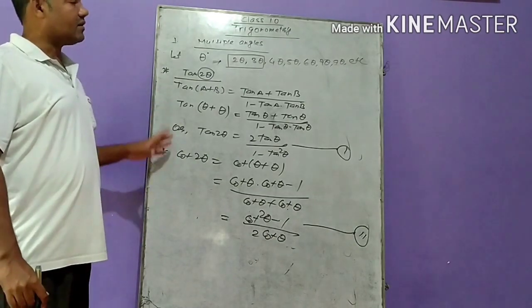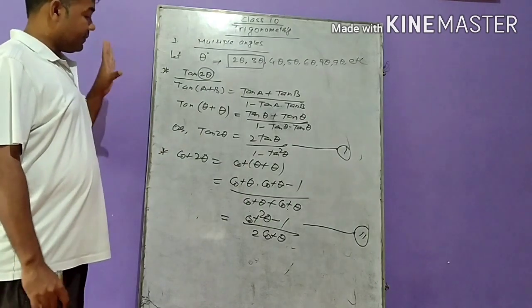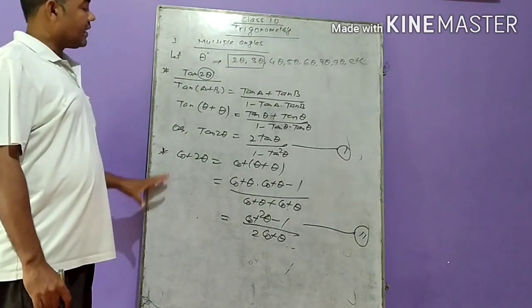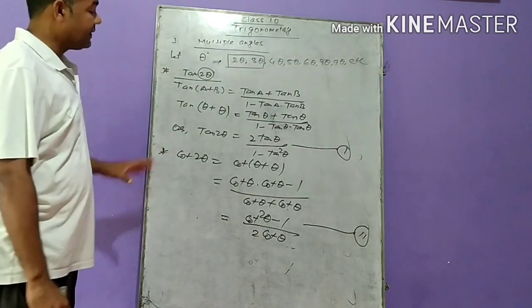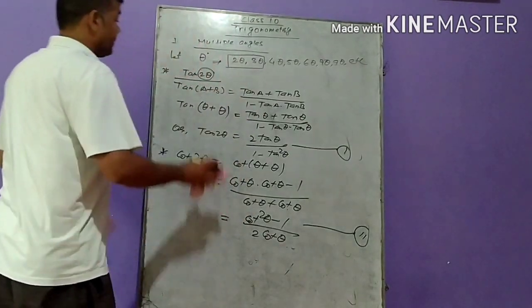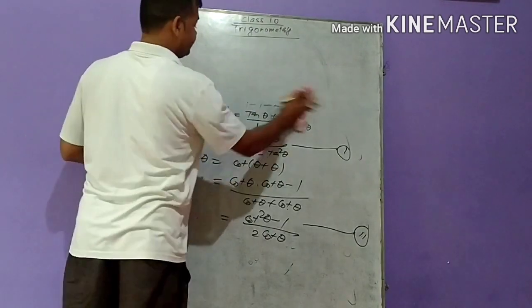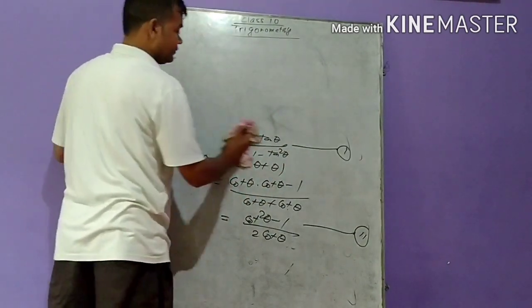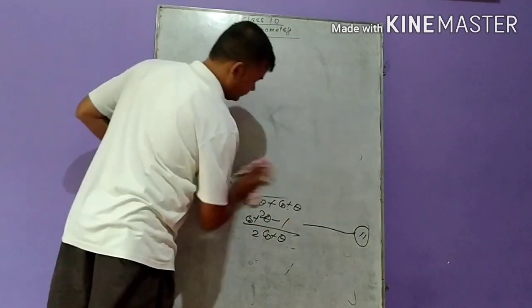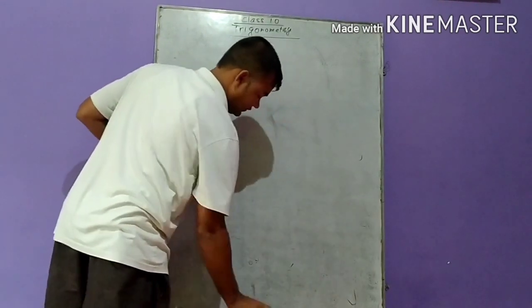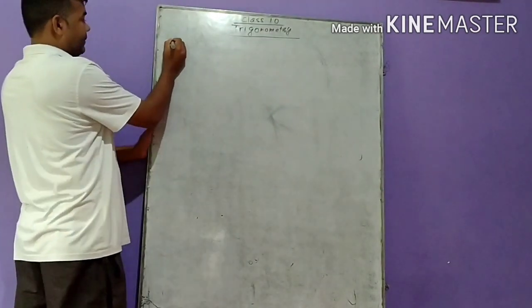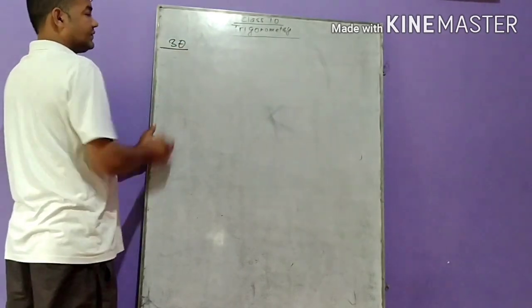Other identities can also be found. For example, I am going to show you some of the identities here. Let's talk about 3 theta.